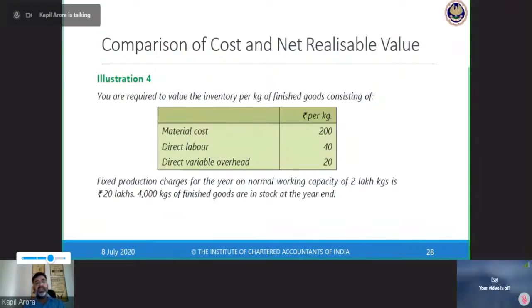It says you are required to value the inventory per kg of finished goods consisting of material cost, direct labor cost, and direct variable cost also. Material, labor and variable cost is easy to understand by taking the total of all these, right? It's easy for me to find out the value of per unit inventory.